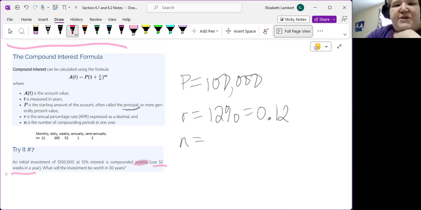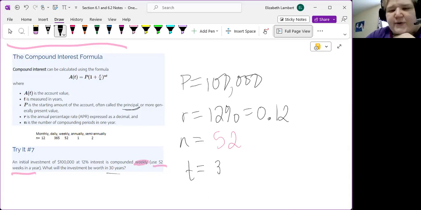Sometimes they're nice and they will actually tell you what number to use for N. They generally should do that, but sometimes math teachers writing problems don't remember. And then our last one is how many years are we looking at? They said 30. So I have my T, my P, my R, my N. I can plug them in and do the math.